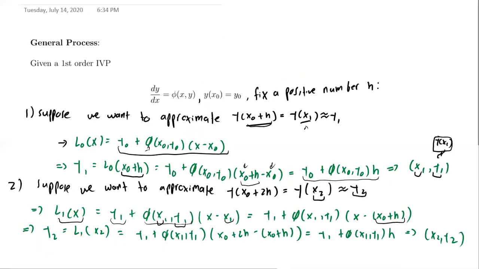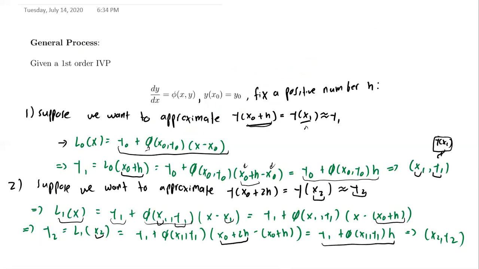Now we want to use that to approximate y of x2. So what do we do? Well, we plug x2 into this approximation. Okay, so we have y naught plus phi of x1, y1, and we replace x with x2, which is x naught plus 2 times h. After you simplify that, you're left with this expression.